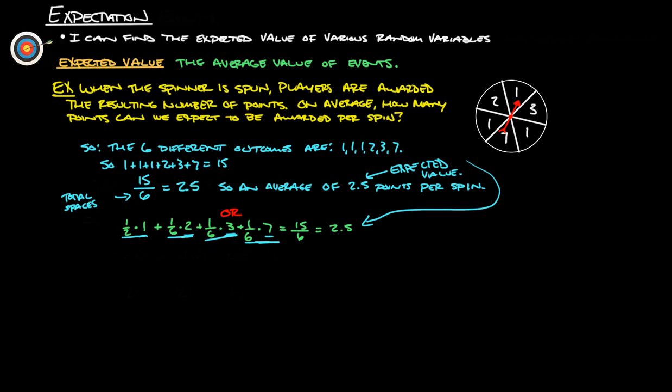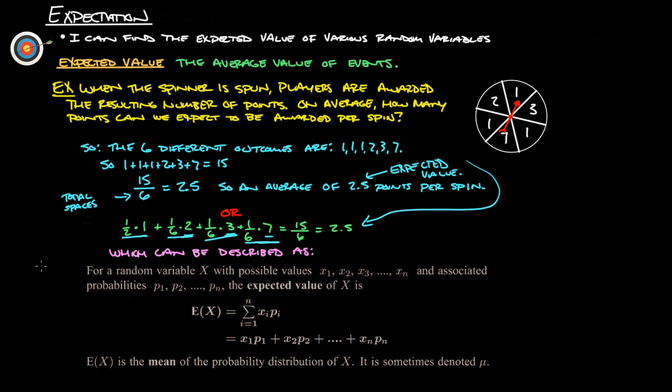The reason I'm showing you this is because there's a lovely formula, and this is going to help us understand what this formula means. For a random variable X with possible values x1, x2, x3, up to xn, these are the possible outcomes.